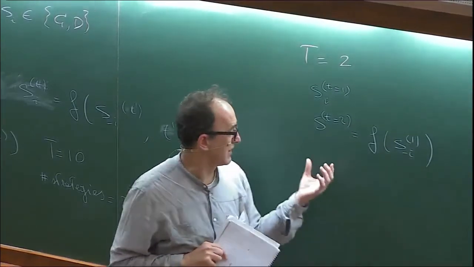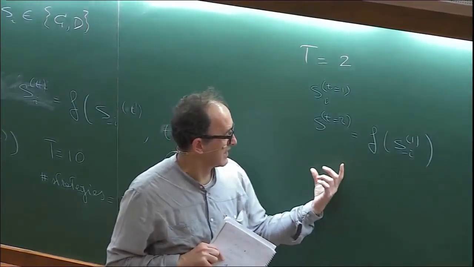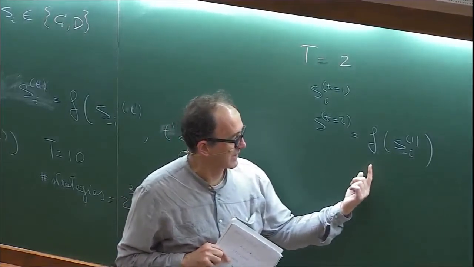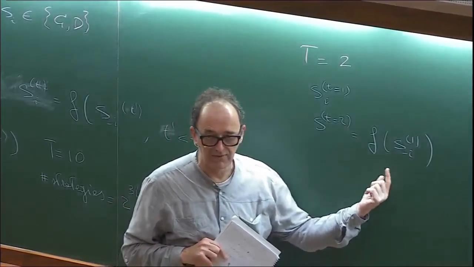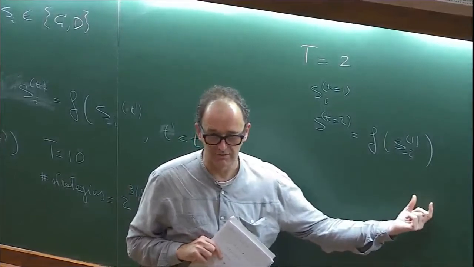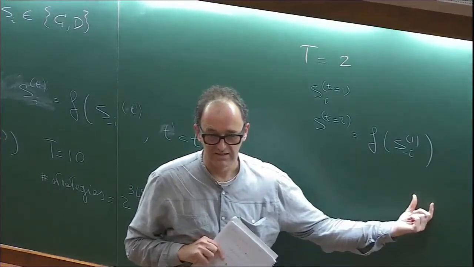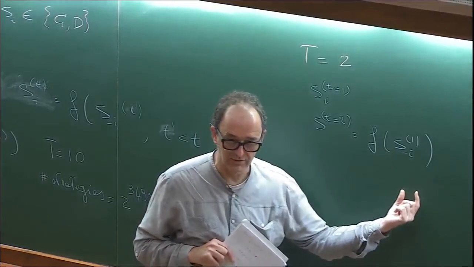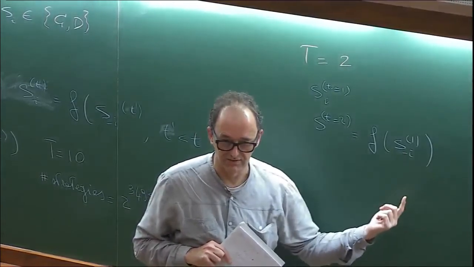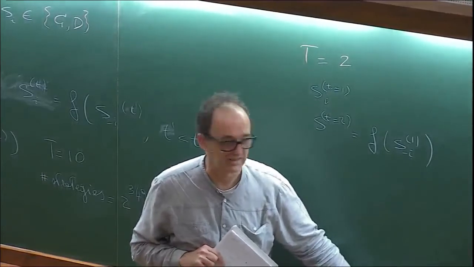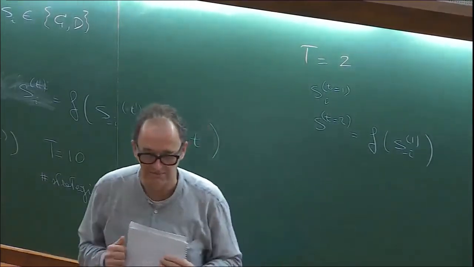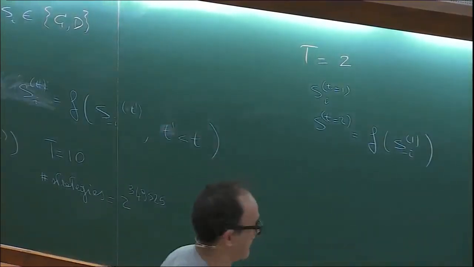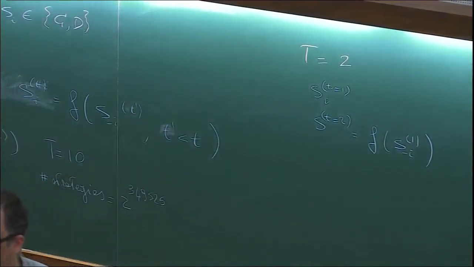At t equal to 3, you should think about how many functions of 2 arguments you have. This argument can take 4 values, so you have 2 to the 4. You go up to t equal to 10, and you get this number.